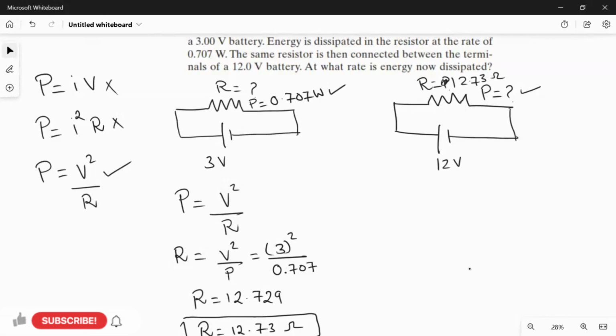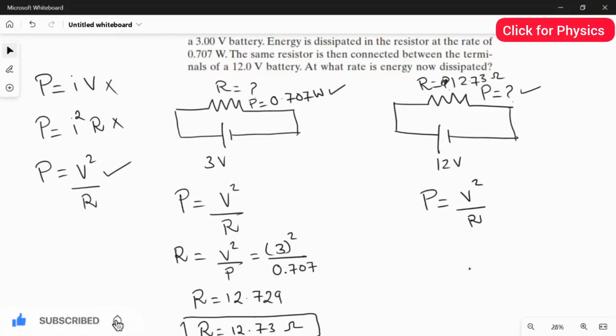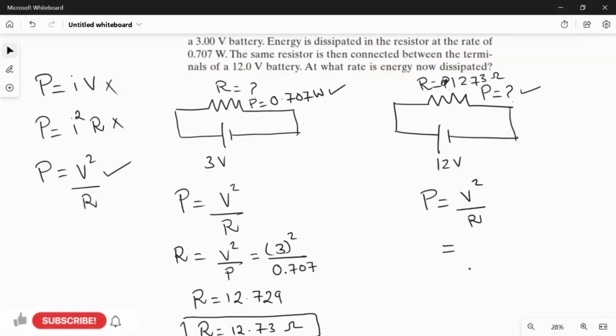Again, I'm going to use the same rule. Power P is equal to V squared over R, and this time I don't need to rearrange this equation because we are going to find the power. I'm going to substitute the value for the voltage. In the second part, we are just replacing the 3-volt battery with a 12-volt battery. So here I have to square this 12.